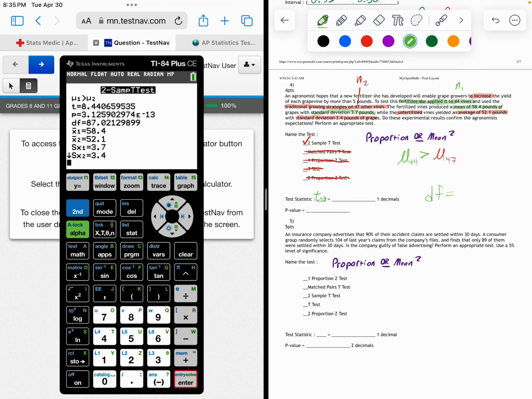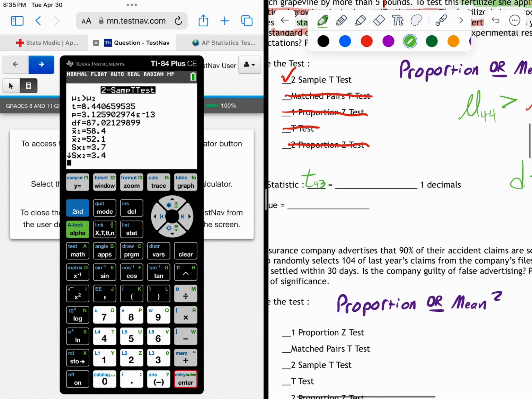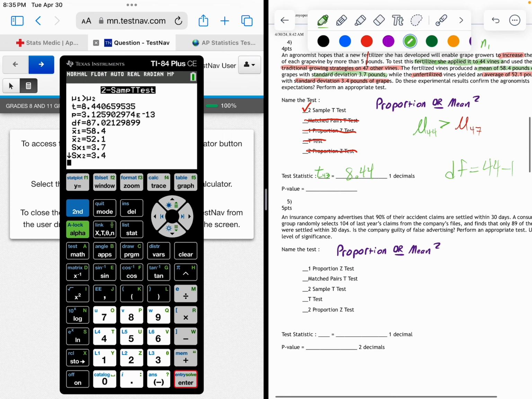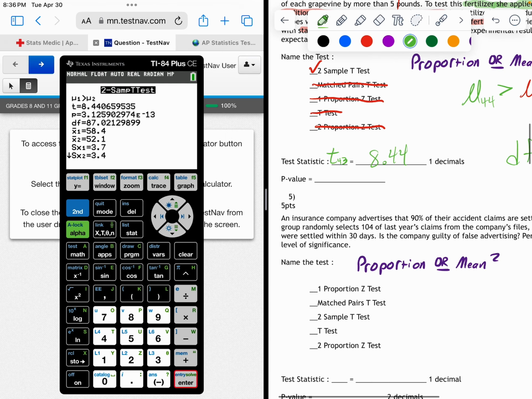I don't even know if this is required of you. It's a t distribution with 43 degrees of freedom and 8.44. So that's a massive statistic, and the p-value, well, look, 3 times 10 to the negative 13. That's 0. So I'm guessing you're going to have to put something like 0.0 if you have data similar to mine.